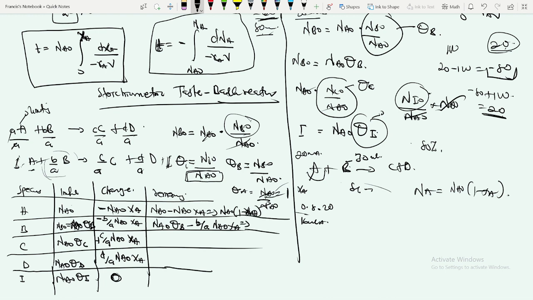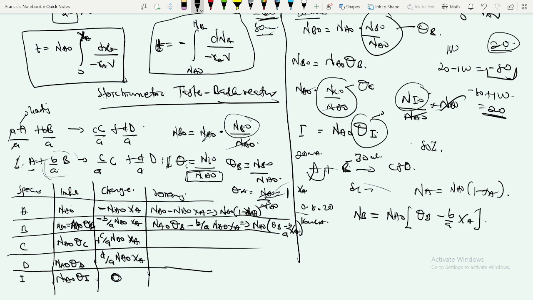And then we can factorize N_A0 out, and I'm going to get N_A0 (theta_B minus b over a X_A). Right? So our moles of B remaining will be N_A0 (theta_B minus b over a X_A).